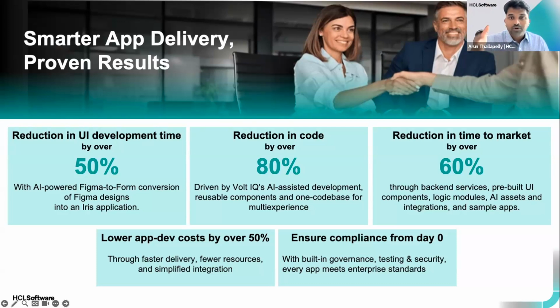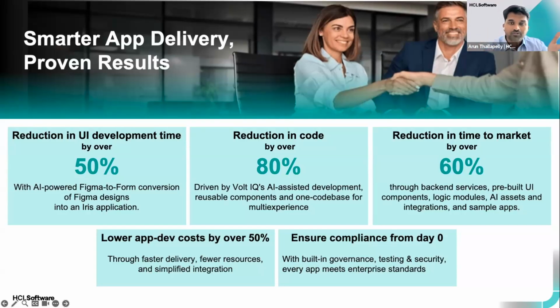By leveraging our pre-built backend services, integration, and logic modules, you're not building from scratch anymore. You're assembling from a position of strength. And as a result, you slash your time to market by over 60%. While your competitors are still coding, still trying to think about proofs of concept, you are already launching applications for your enterprise and for your customers.